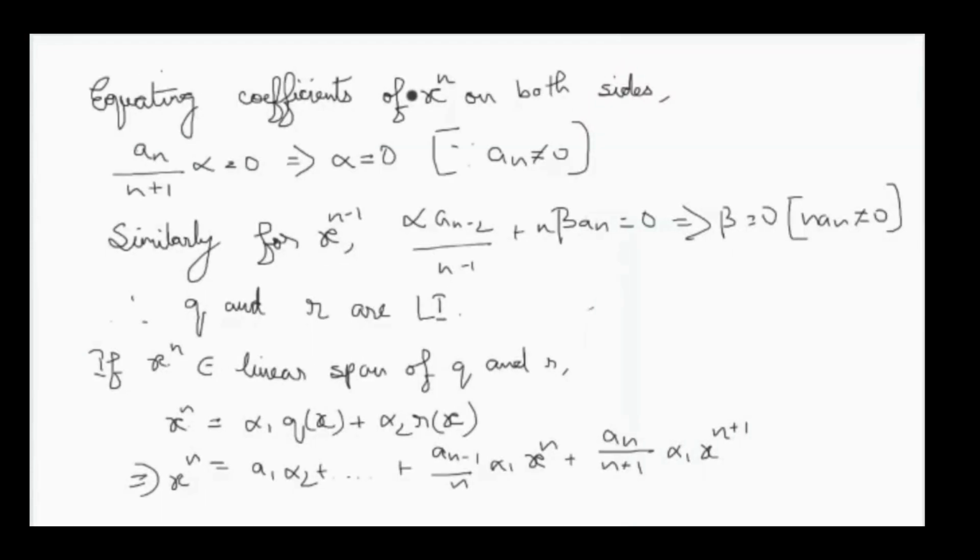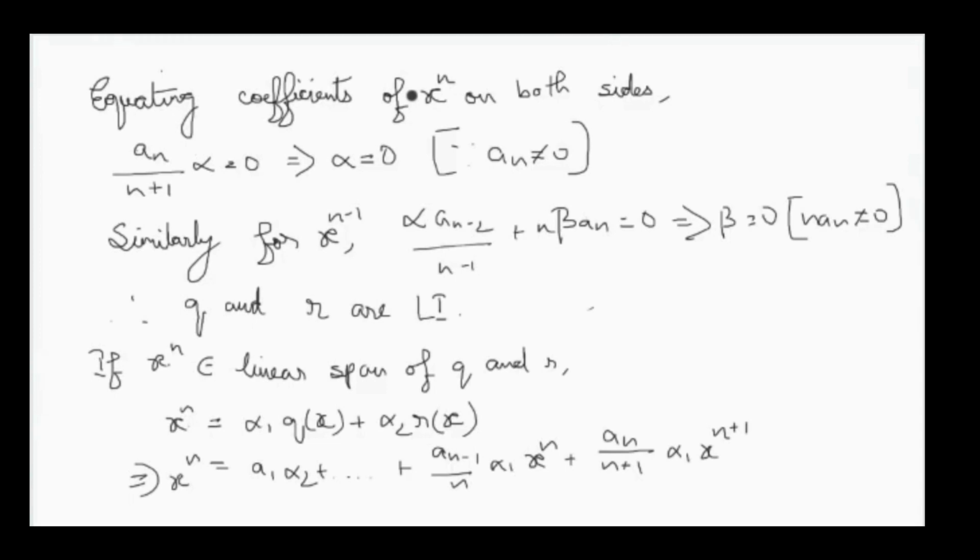And since this is equal to 0, we equate the coefficients on both sides. So the coefficient of x to the power n plus 1 is a_n by n plus 1 into alpha, which is equal to 0. So alpha is equal to 0 since a_n cannot be 0. Similarly, for x to the power n minus 1, alpha into a_{n-1} by n plus n beta a_n is equal to 0.